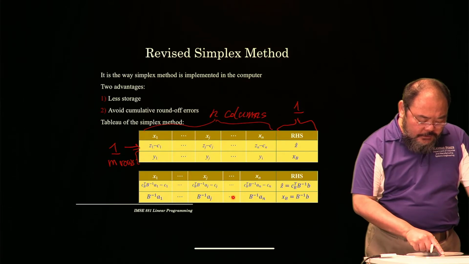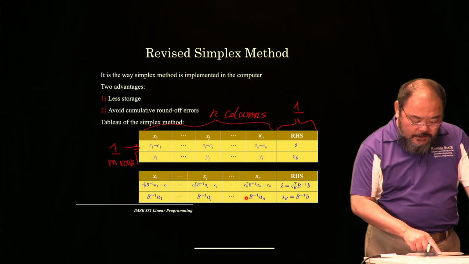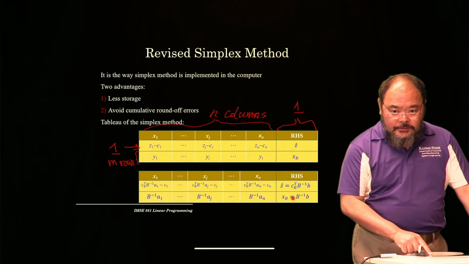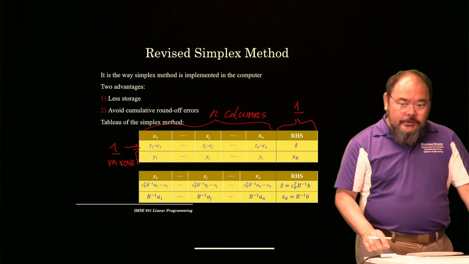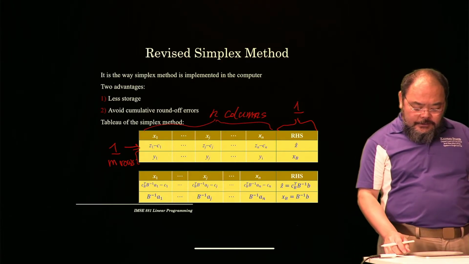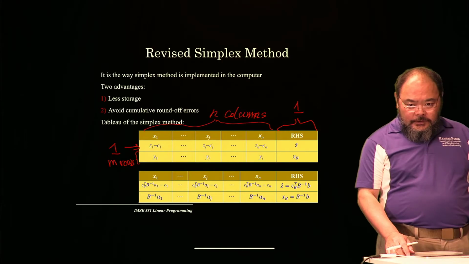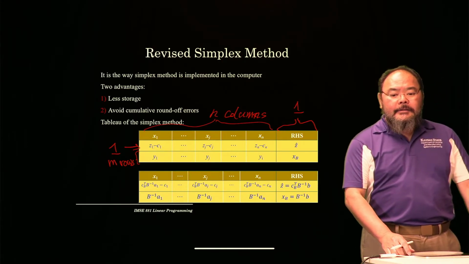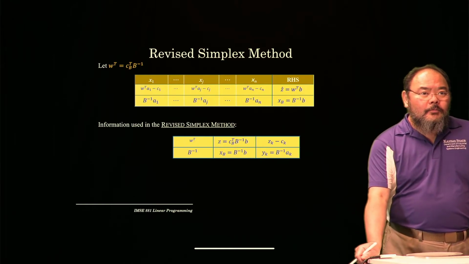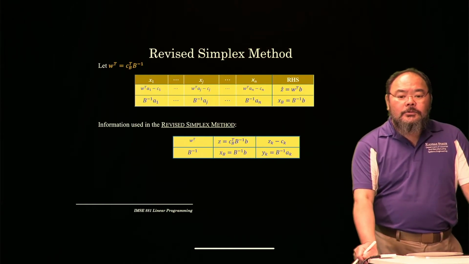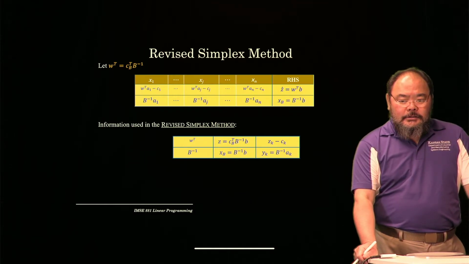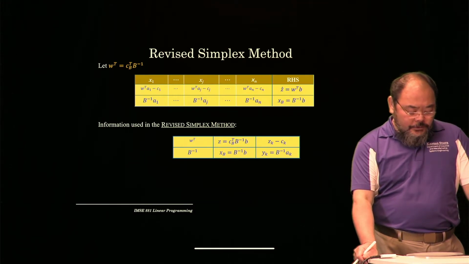Remember, B inverse times aj equals yj, and then recalculate the current basic solution. So this is quite a bit of computational effort to maintain this Tableau. Of course, in a small problem, we'll do it by hand. This is not too much trouble. But if you're dealing with a problem with a couple million variables and a couple hundred thousand constraints, this is going to be a major problem.